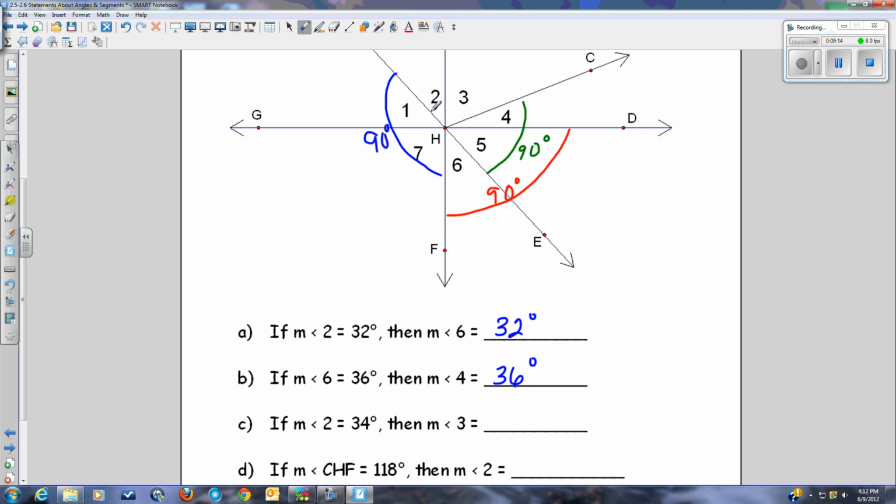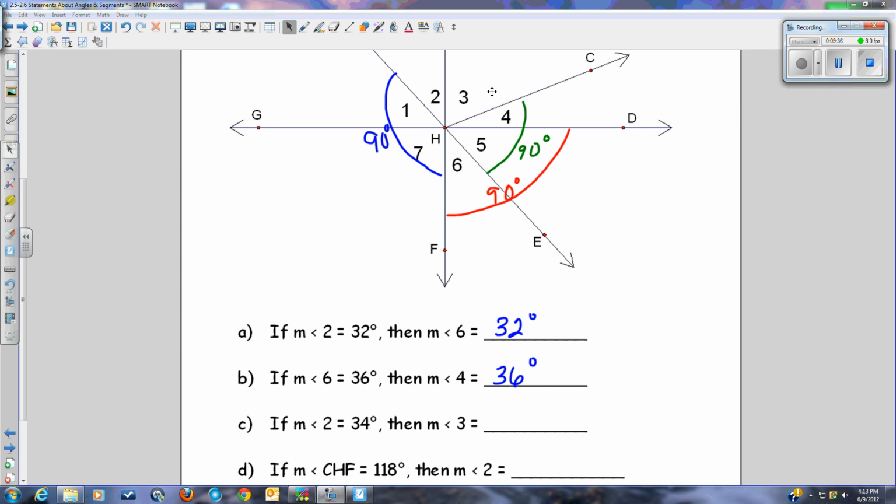Next, they're asked if the measure of angle 2 is 34 degrees, what would the measure of angle 3 have to be? Let's think about it. Angle 4 and angle 5 add up to 90. And angles 2, 3, 4, and 5, it seems, all form the straight line together.